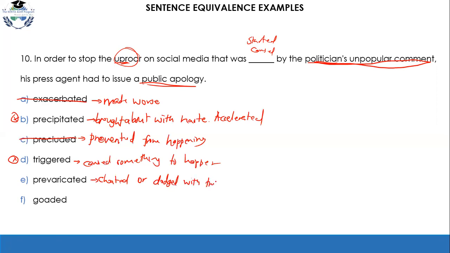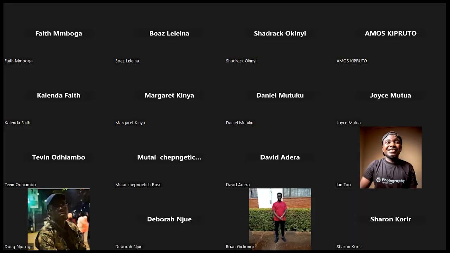I hope we are noting down these words so we can go and do more research. These words are very common. And then goaded, finally, we have encouraged. So these two don't really work for us. So what we're left with here is precipitated, and we also have triggered. So I hope that is okay with everyone. Does anyone have a question on this? Right, so let me stop my presentation.